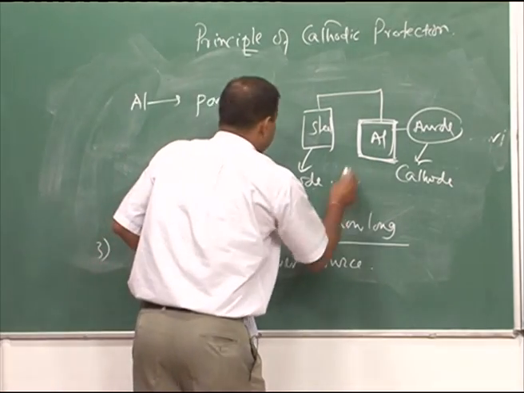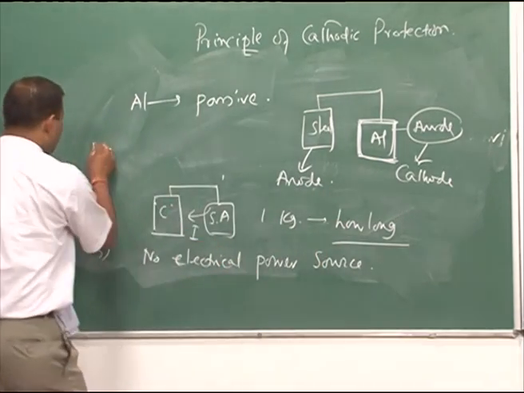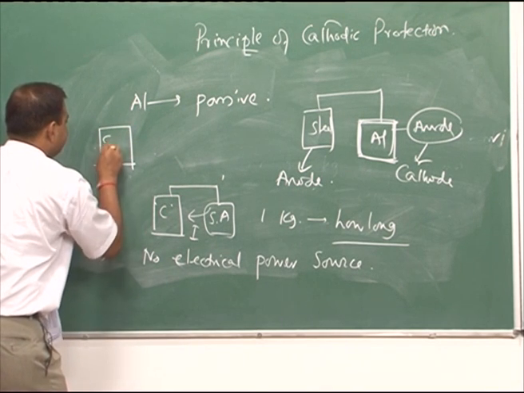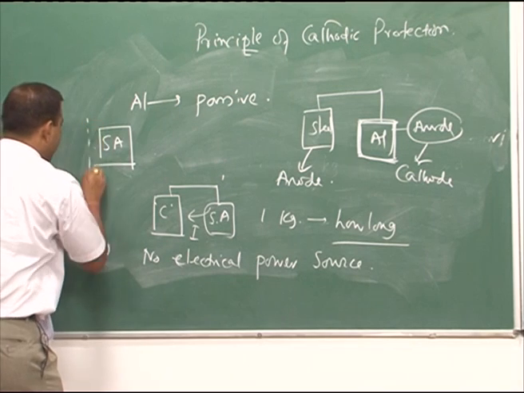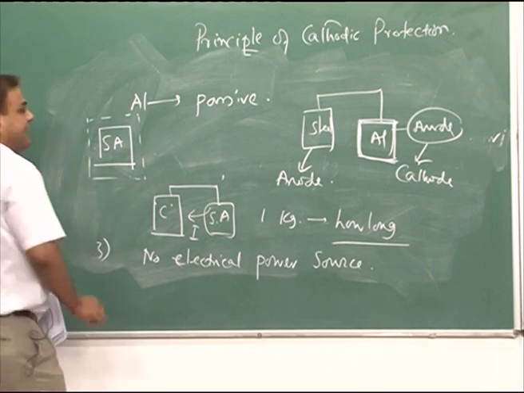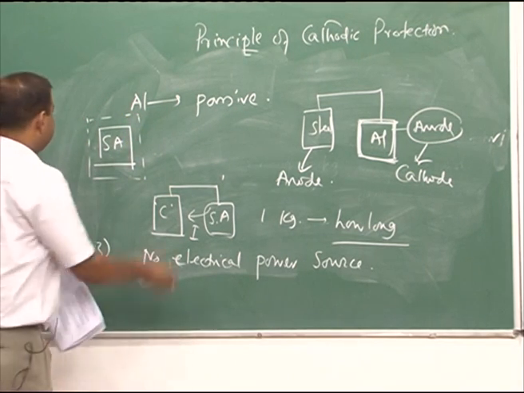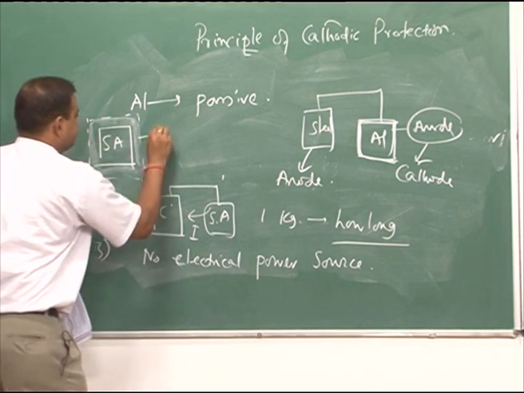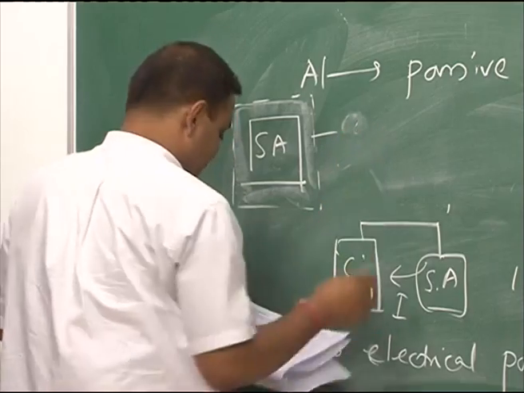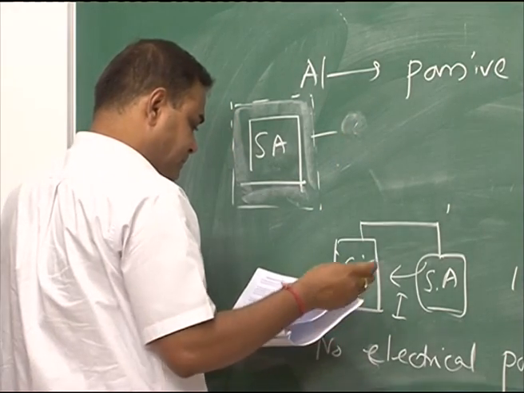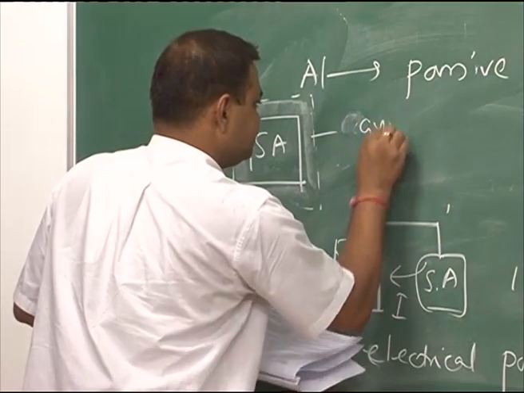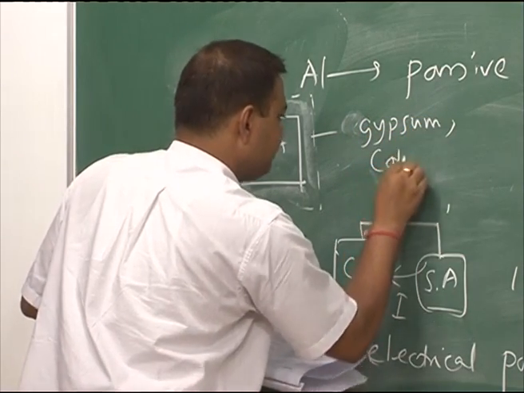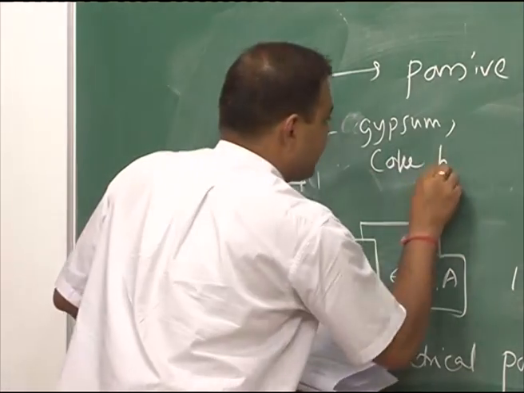Generally, in most or all cases, we have this sacrificial anode. On top of that, we put a blanket, and inside that blanket we put some material, that is gypsum, or coke, bentonite.